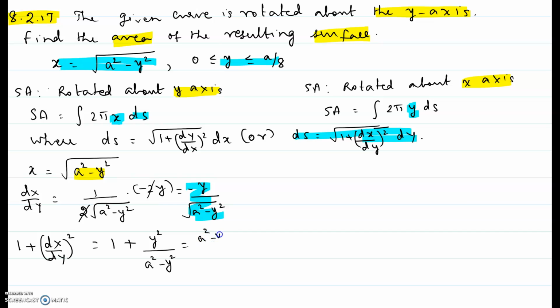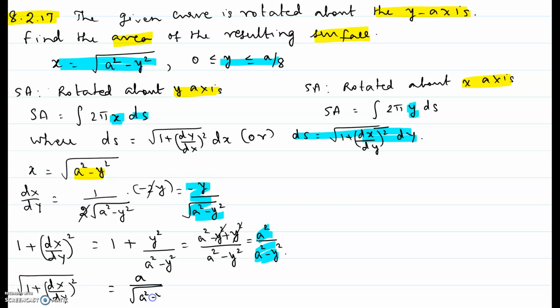If you simplify that, it is a squared minus y squared plus y squared over a squared minus y squared, which is a squared divided by a squared minus y squared. Then we take the square root of that, because for ds we have to take the square root of 1 plus (dx/dy) squared. The square root of a squared is a, then we have the square root of a squared minus y squared.